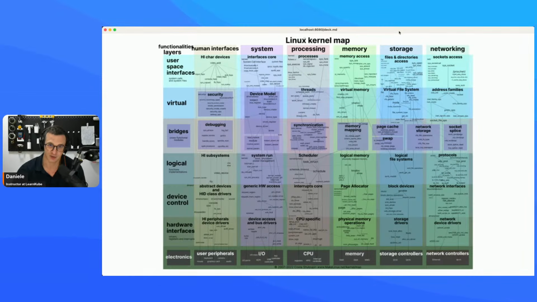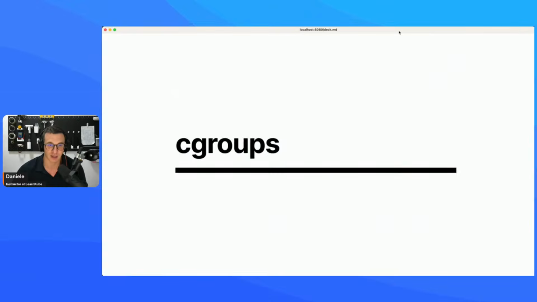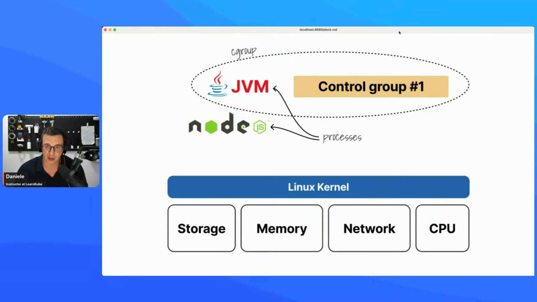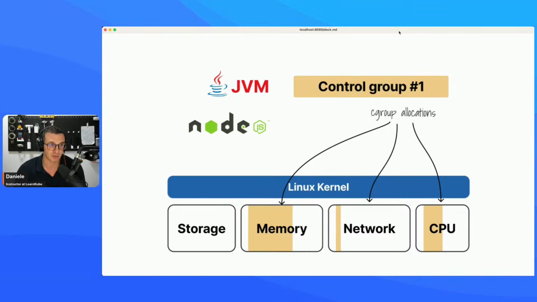This is a map of all these different API calls you could have in the kernel. And the idea is yes, we can group these API calls and also set limits on how those API calls interact with the kernel. One of these ideas was control groups, and the idea is very simple. We said, okay, what if I can limit the amount of resources that can be accessed through the kernel?